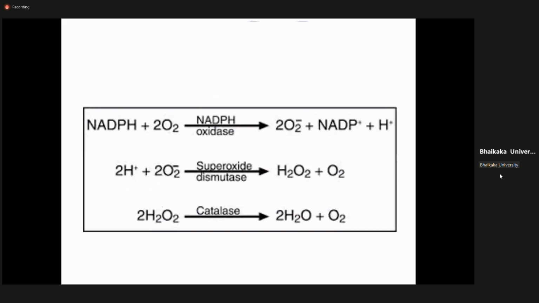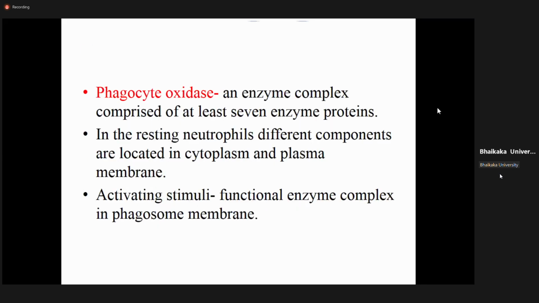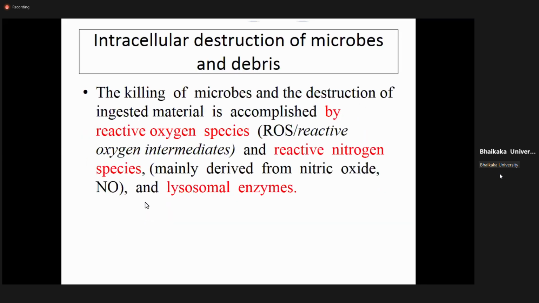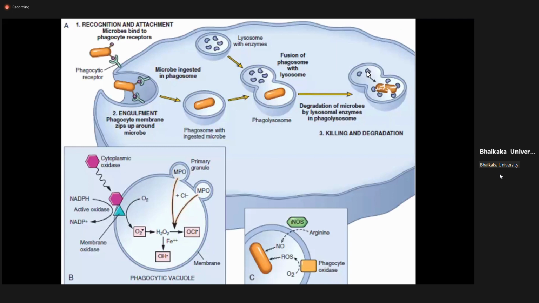assembled at the phagolysosome. This is the phagolysosome. At the membrane of the phagolysosome, this enzyme complex gets assembled. This is phagocyte oxidase, also known as NADPH oxidase. The main function of this enzyme complex is to cause oxidation of reduced NADPH, that is nicotinamide adenine dinucleotide phosphate.